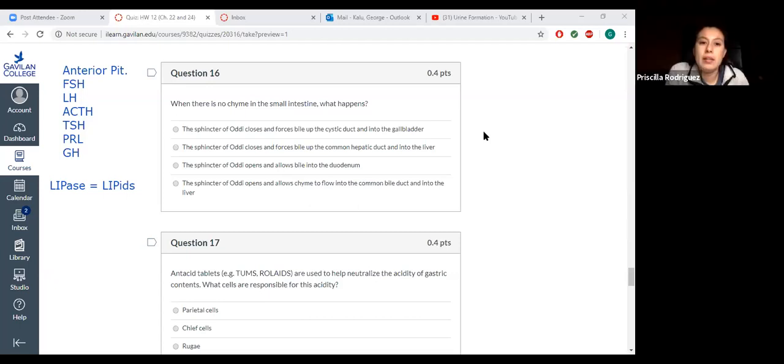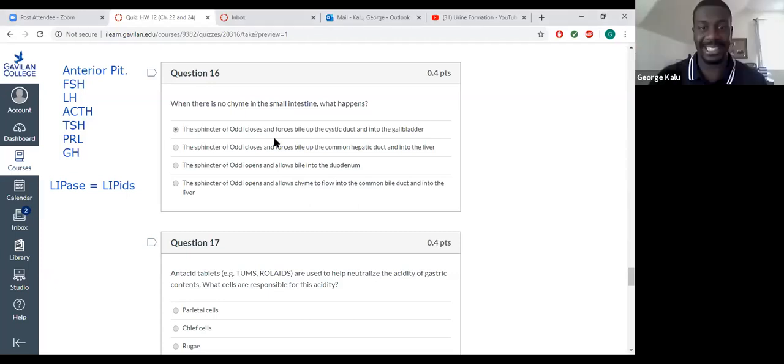It's A. Yes, A is correct. If there's no chyme in the small intestine, the sphincter of Oddi is going to be closed. And when it's closed, that's going to cause the bile to back up through the common bile duct and then into the cystic duct, and then eventually store that bile inside the gallbladder. Perfect.